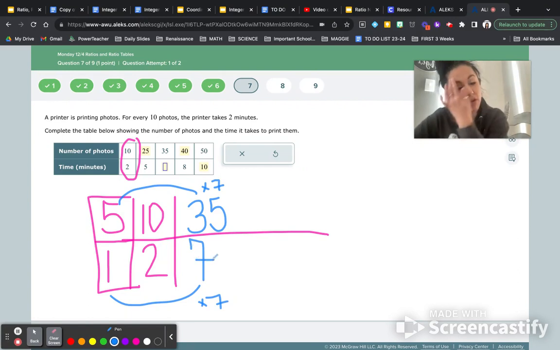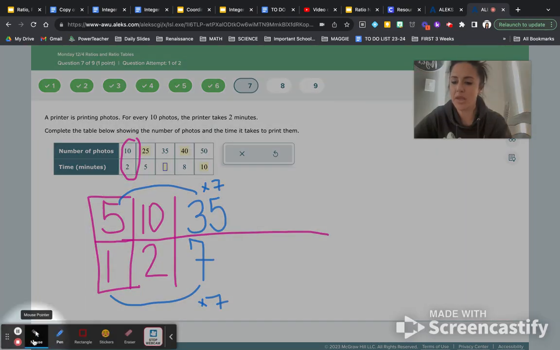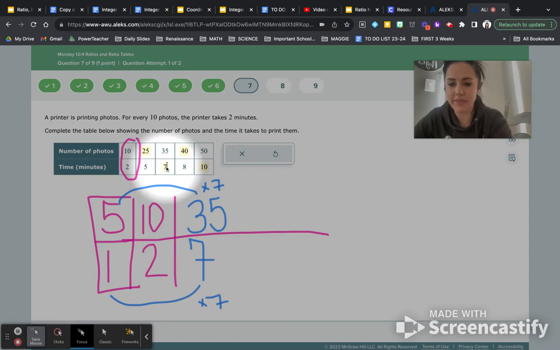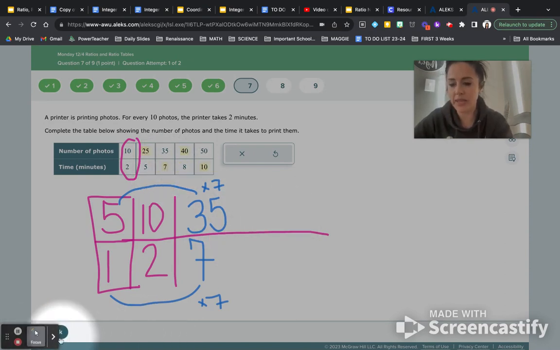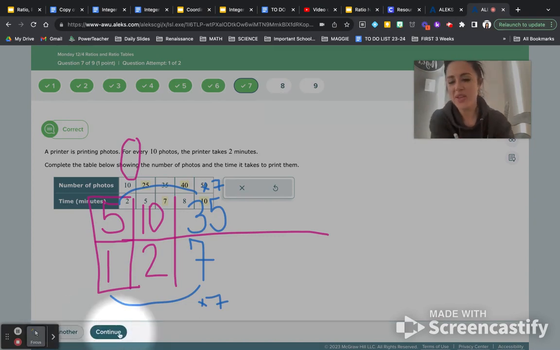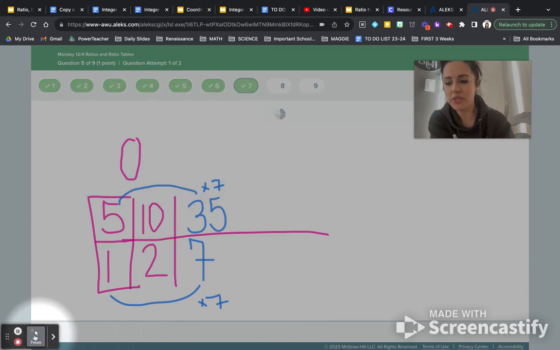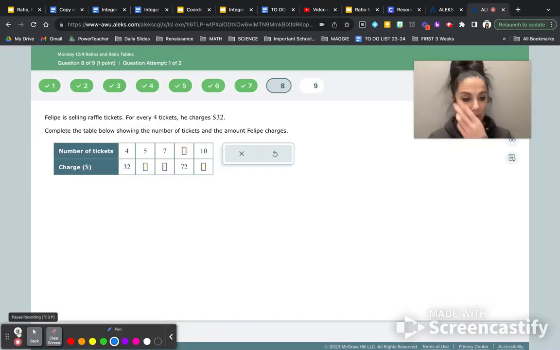So that lets me know, using a unit rate, busting it down to 1, that in 7 minutes, I will be able to print 35 pictures. Okay. So I'm going to put my 7 minutes right here. And now we can move on, right? Okay. So here we go.